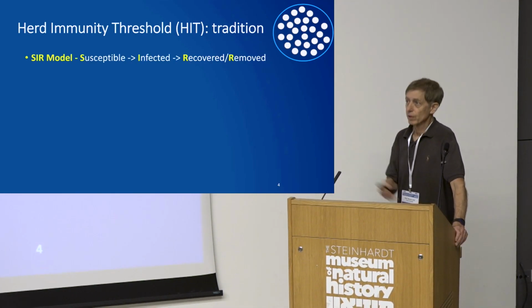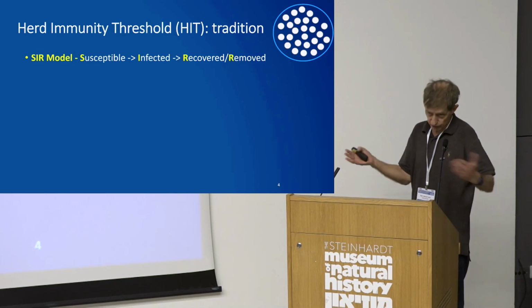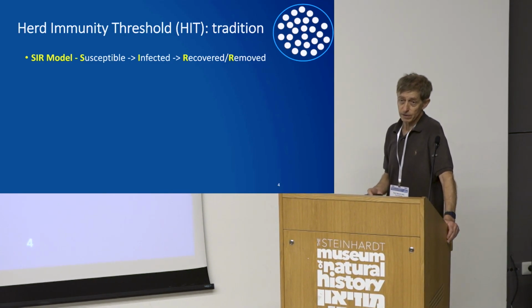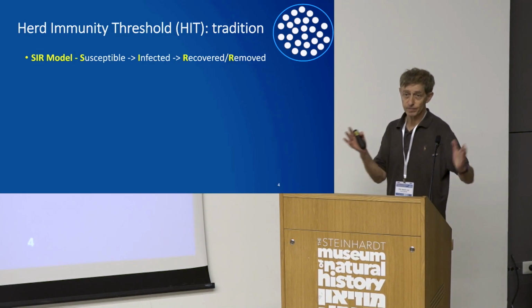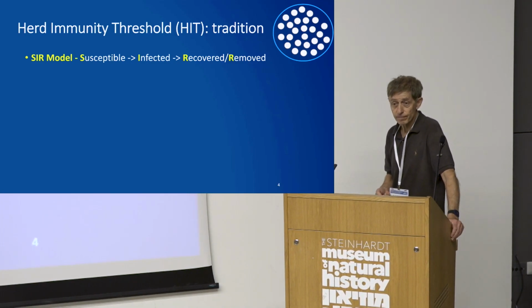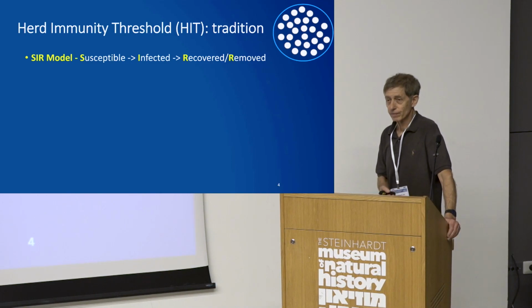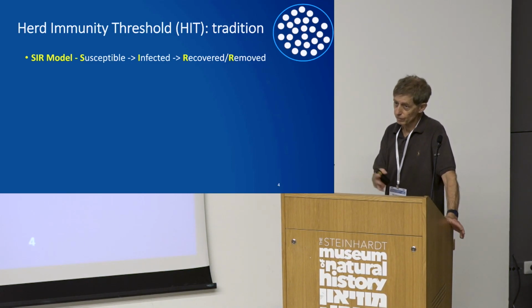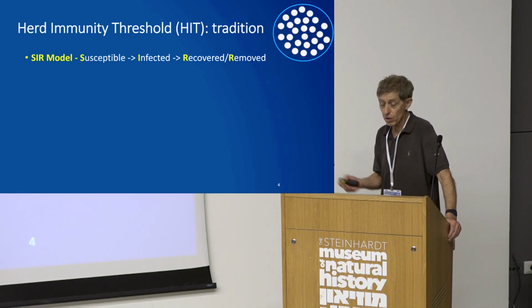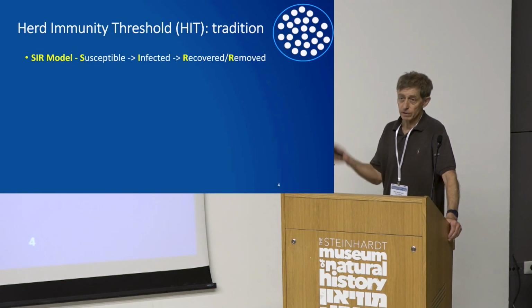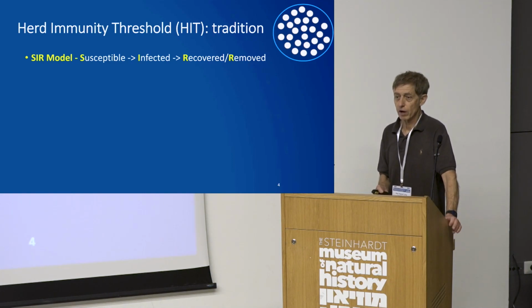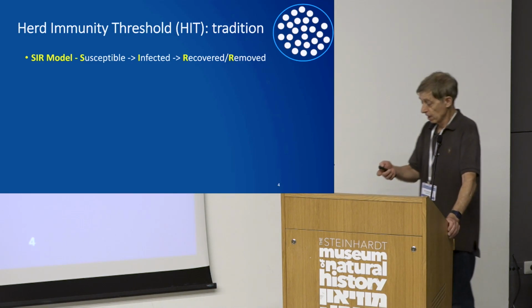Traditionally, we have been using a model which we're still using, the simple SEIR model, which says that every individual starts as susceptible. Sometime along the pandemic, the individual becomes infected for some time, maybe a week or so. And then after that, the individual either recovers or, God forbid, is removed.